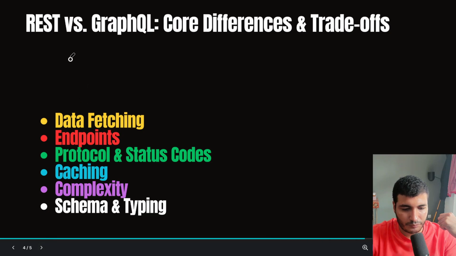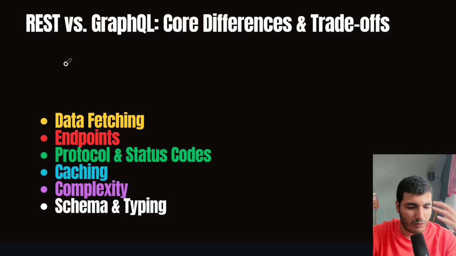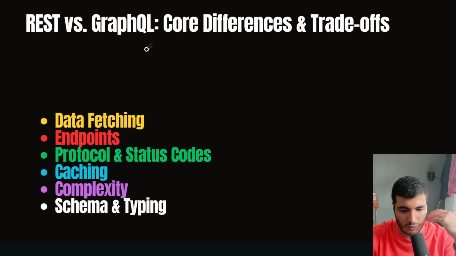Okay, so now we will talk about REST versus GraphQL, the core differences and the trade-offs. First, we start with data fetching. REST is server-driven. Clients receive fixed responses from fixed endpoints.